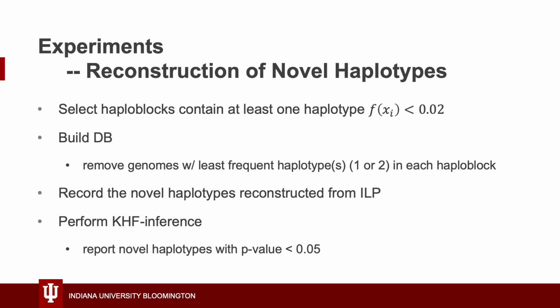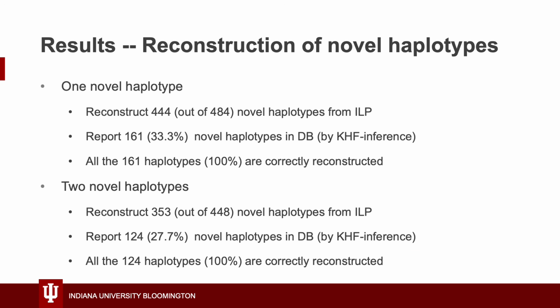For the reconstruction of a novel haplotype, we first selected haploblocks containing at least one haplotype with a frequency smaller than 0.2, and then we built the database by removing the genomes with the least frequent haplotypes in each haploblock, recorded the novel haplotypes reconstructed from the integer linear programming, and then performed the KHF inference to further confirm if the reconstructed novel haplotype is in the database. We performed the experiment considering 1 and 2 novel haplotypes missing.